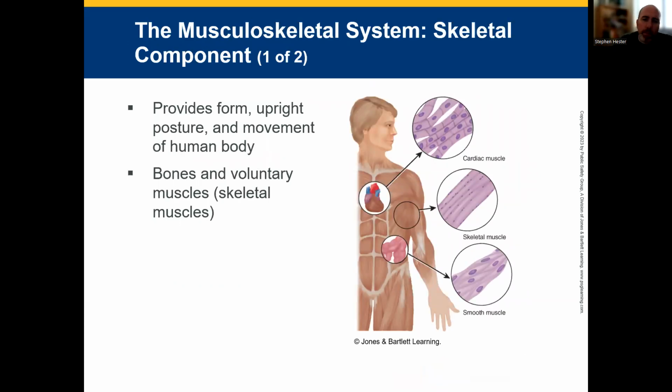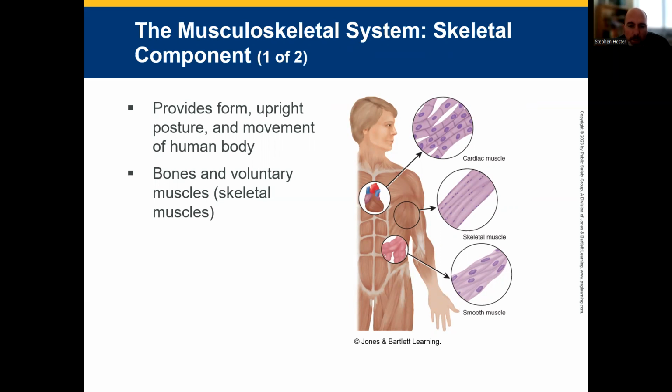Here's the 3 different makeups of muscle tissue. So cardiac tissue, thank the Lord, it operates on its own, has its own nucleus, and that's what the differentiation there is. All right, skeletal muscle, we can help tell it what to do and how to move. And then smooth muscle, a lot of times, it does operate on its own and helps maintain homeostasis.